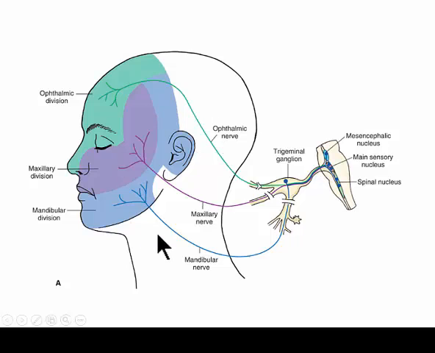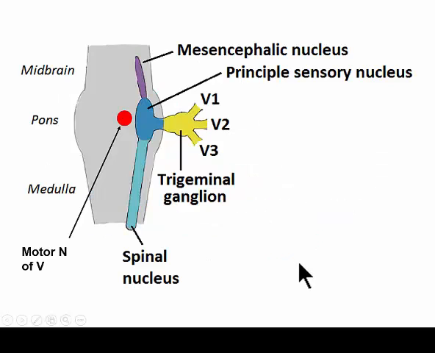This is mainly showing the sensory and motor function here. Ophthalmic, maxillary, mandibular. You're showing all the nuclei here. Spinal nucleus, chief nucleus, mesencephalic nucleus. This big fat guy is the trigeminal semilunar or Gasserian ganglia, which sits in the cavernous sinus.